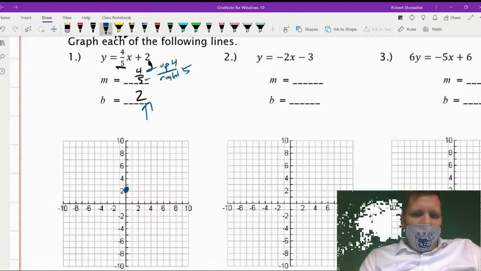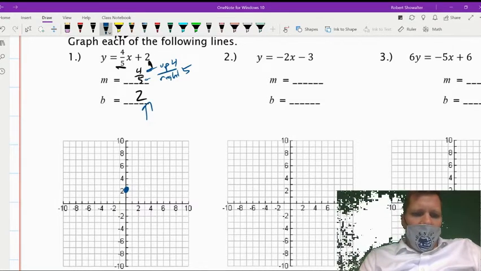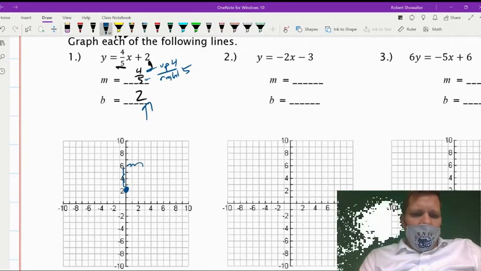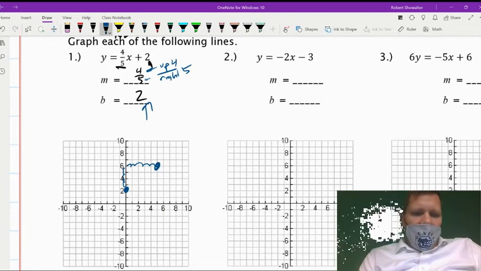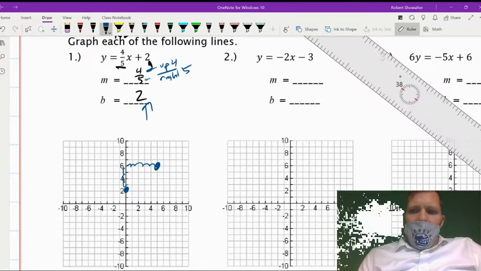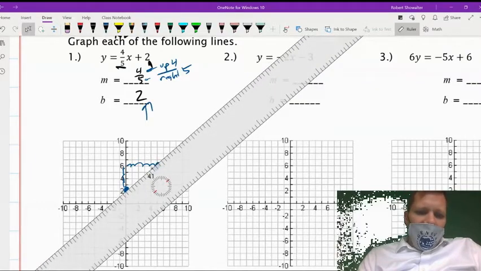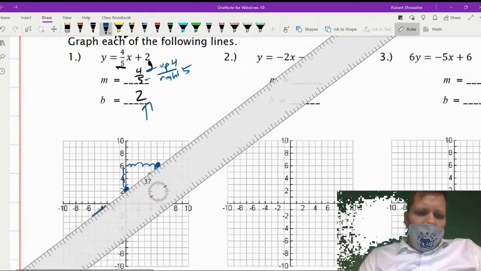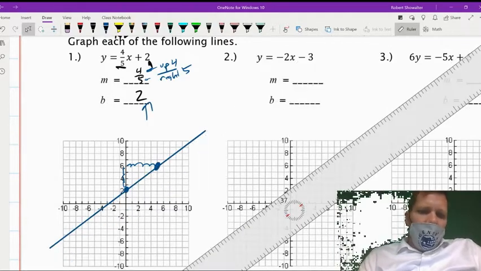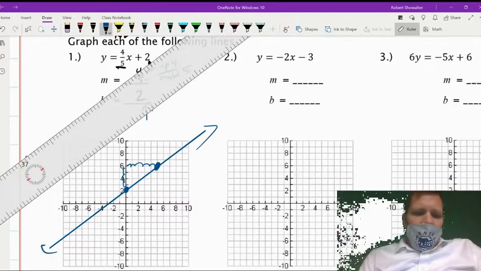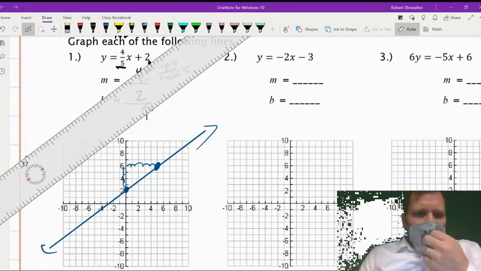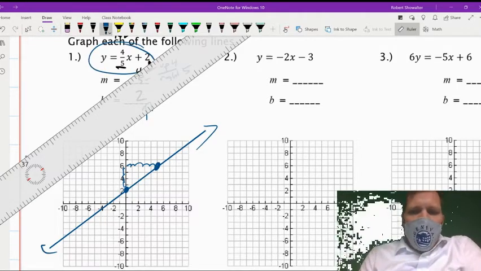From there we go up 4: 1, 2, 3, 4, and right 5: 1, 2, 3, 4, 5. Put a dot there. Connect those dots, and that's going to be our line. That line represents all of the x, y pairs that make a solution to the equation at the top.